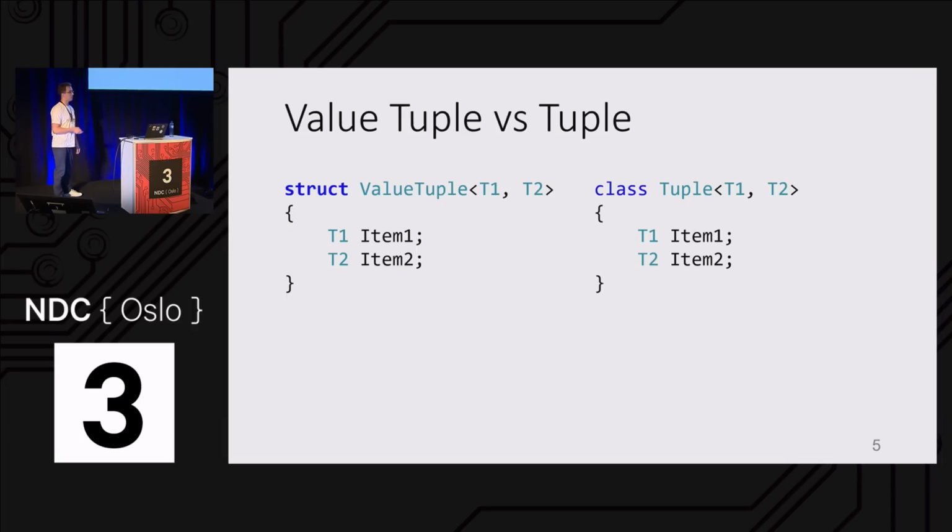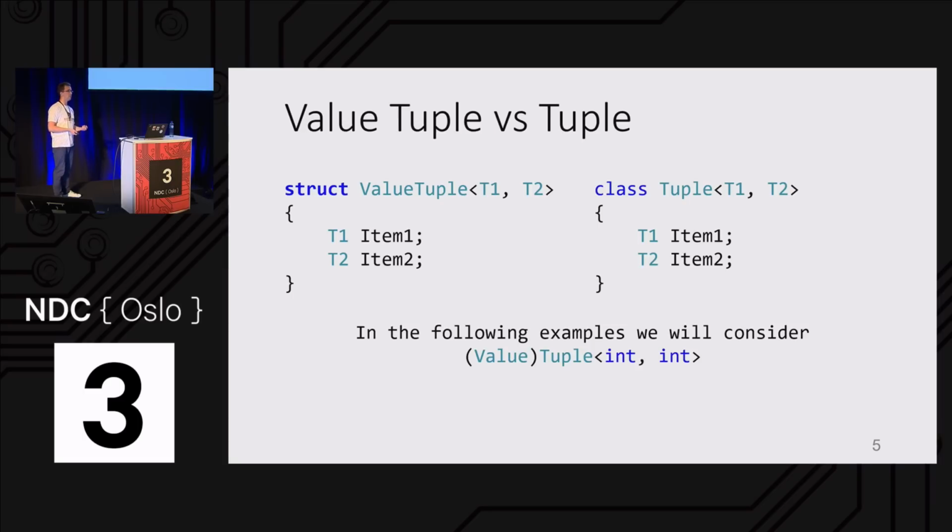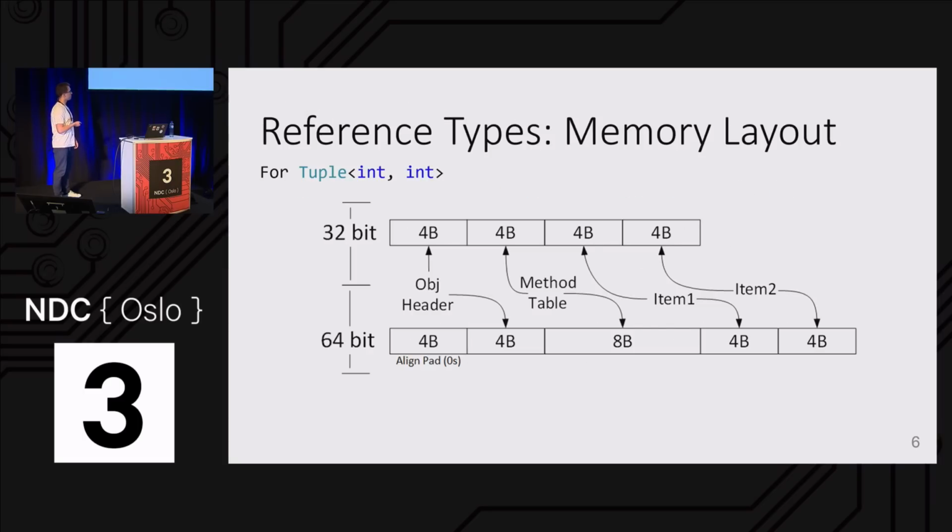To make it simpler, I will talk about value tuple and tuple of two integer fields. First of all, we have an extra overhead. Each instance of a reference type contains two extra fields: a pointer to the method table and the object header. For example, when you take a lock on your object, the CLR writes information about this to the object header.